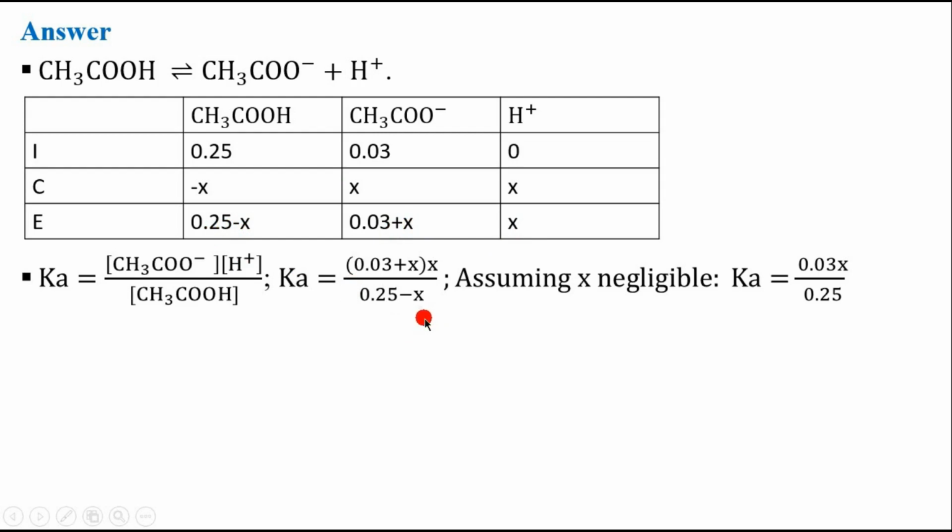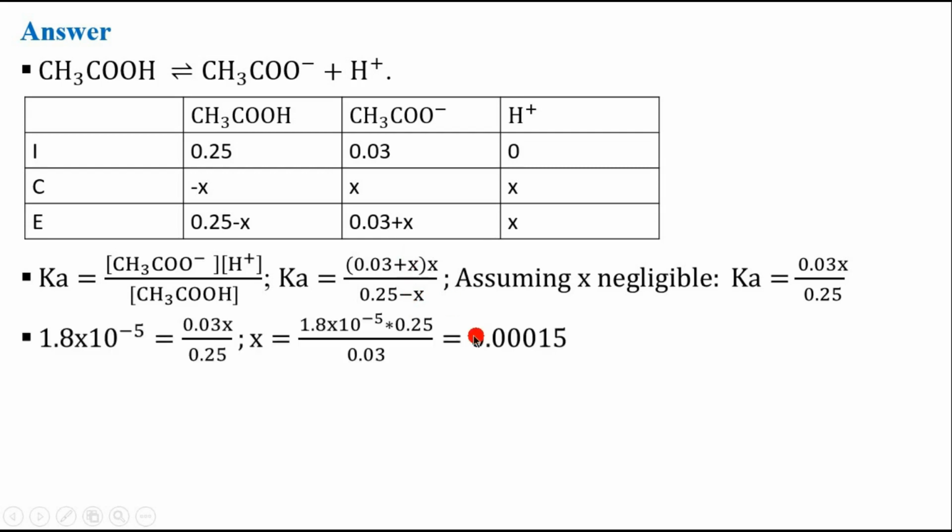If we assume x is negligible in both places, then the Ka that was given is equal to 0.03 times x over 0.25. In this case we get x equal to 0.00015 molar.